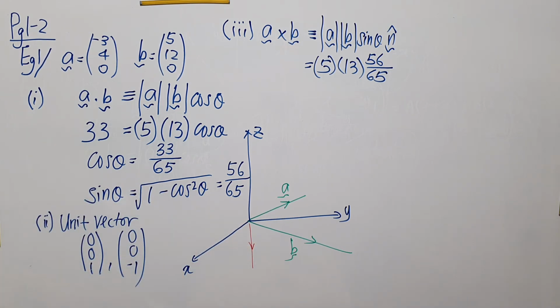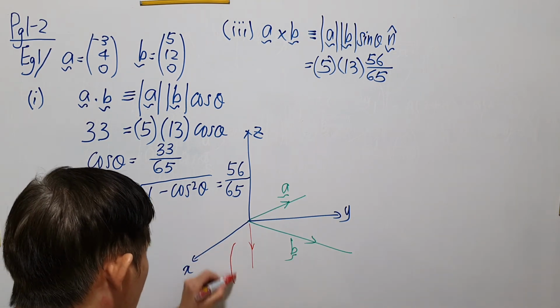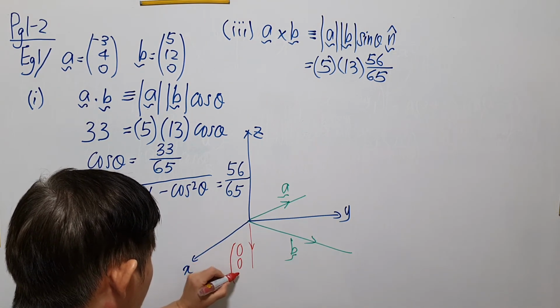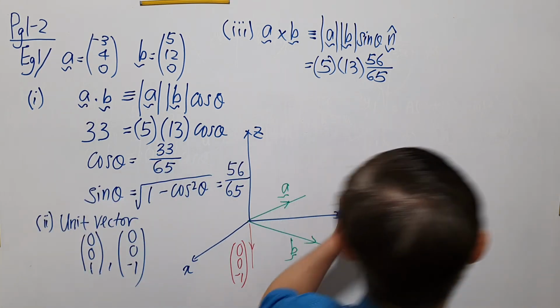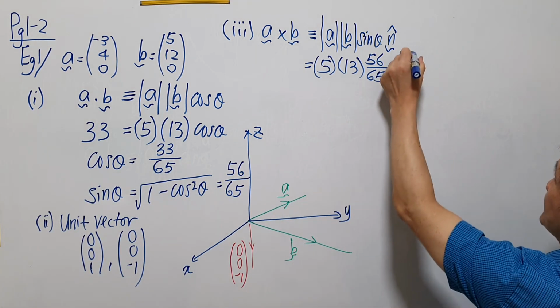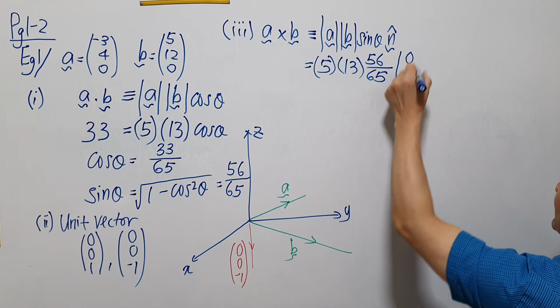Between the 2 choices of 0, 0, 1 and 0, 0, minus 1, we have to choose 0, 0, minus 1. So the choice of n cap is picked like this. My n cap would be 0, 0, minus 1.